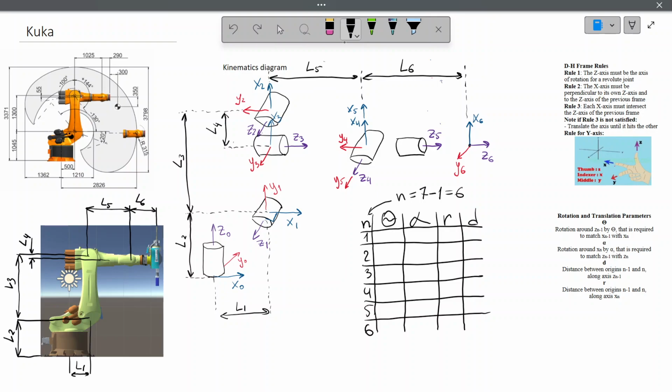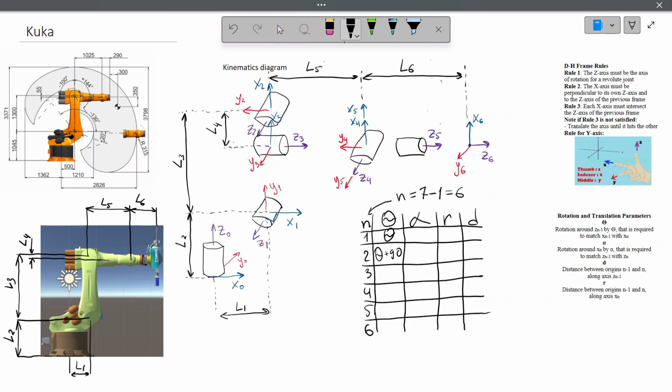These two are the same direction, so here we just write theta. Next we take a look at x1, x2. So here the rotation will be around the z1 axis, again 90 degrees, to match them, x1 and x2. So here will be theta plus 90.